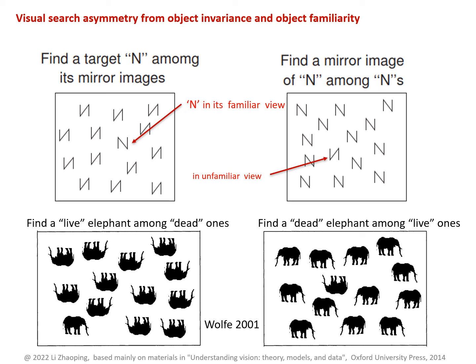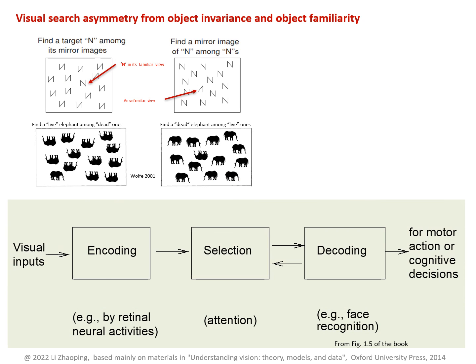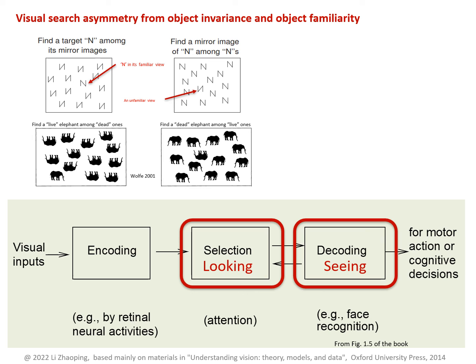And it's faster for us to recognize from a familiar viewpoint, and this makes it faster and easier to trigger a confusion of the target as a non-target by rotation or reflection invariance in object recognition. In the three stages of vision, visual saliency concerns selection or looking, object recognition concerns decoding or seeing, and in these examples of visual search, the seeing stage plays a substantial role in the time it takes for the search task.